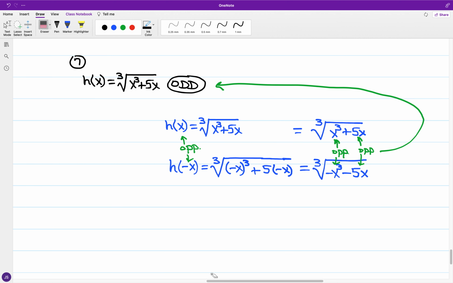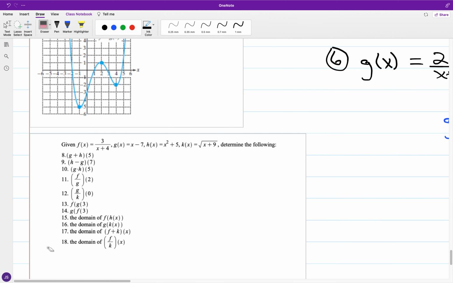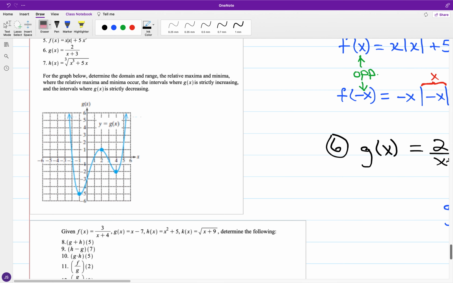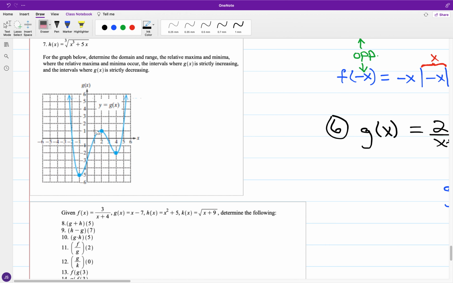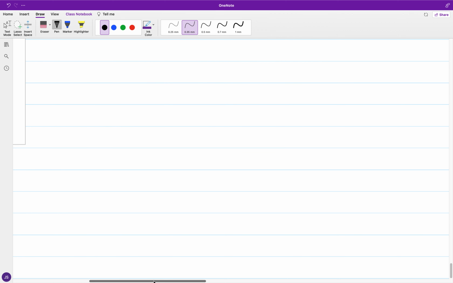Now, for the graph that we have here, we're looking at minimum and maximum, as well as where the function is increasing and decreasing. Just looking at the dynamics that are going to play out.